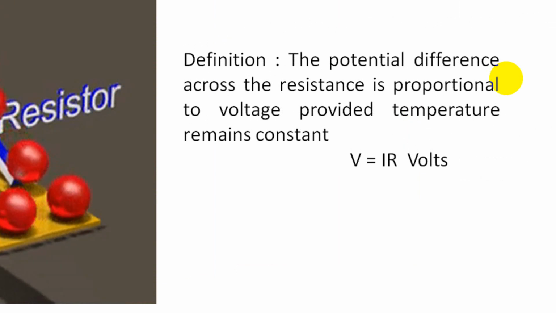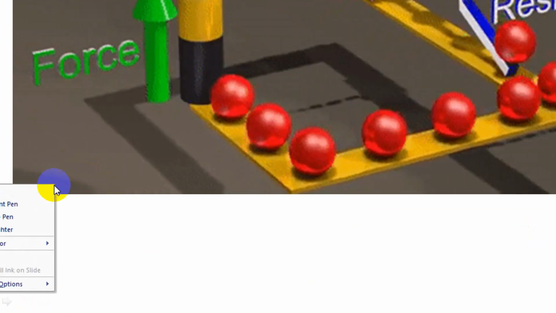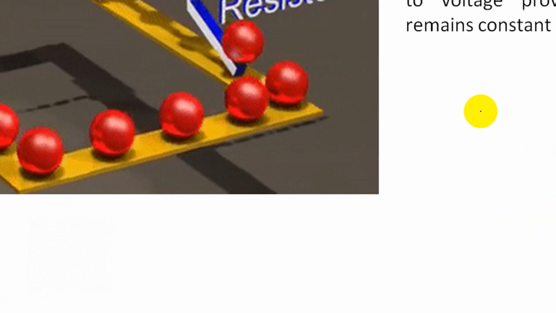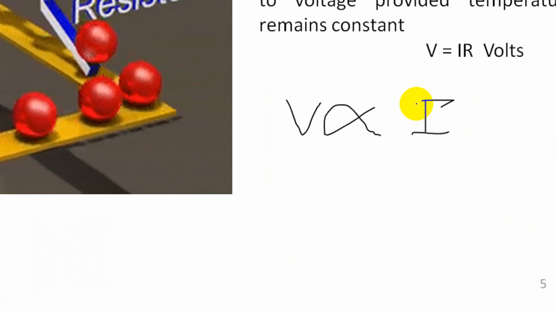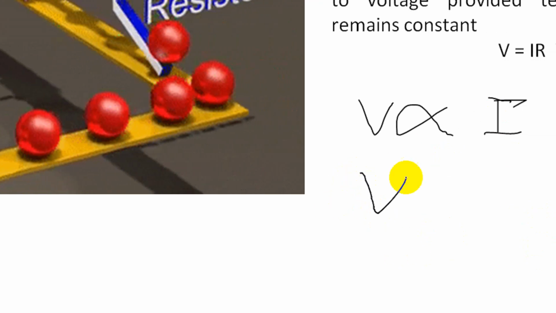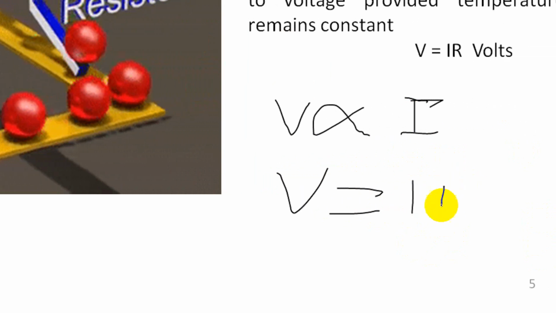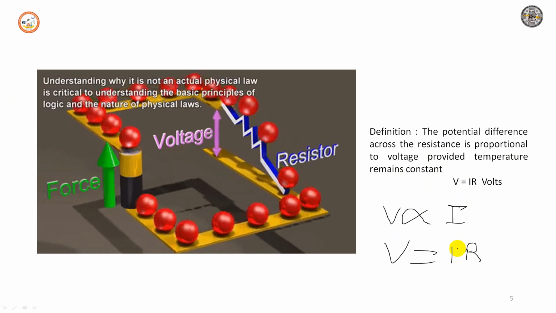V is directly proportional to I. If I remove the proportionality constant, then V is equal to IR, where R is the proportionality constant. Ohm's law is also defined as the resistance which permits the flow of 1 ampere of current when a potential difference of 1 volt is applied to the resistance.